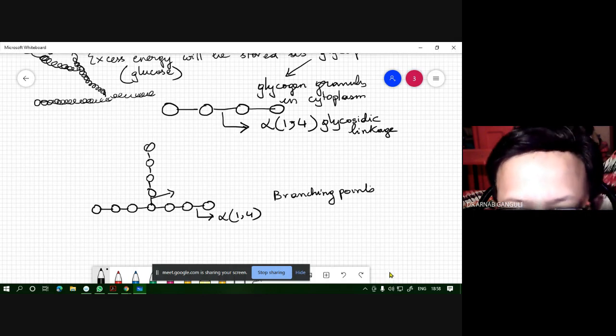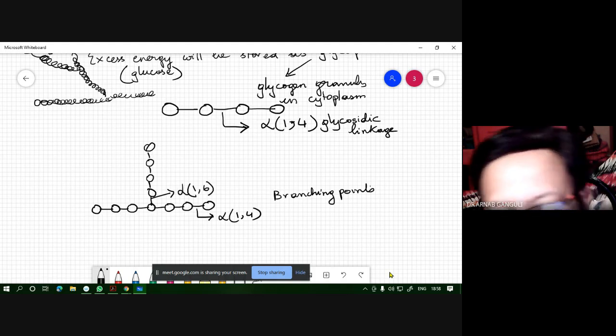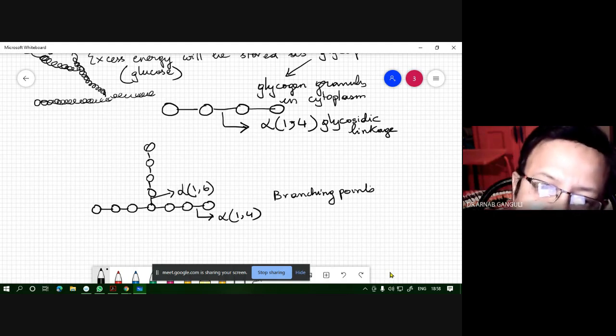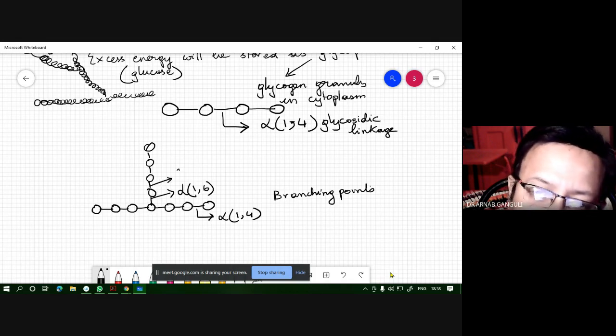This branch point is alpha 1 to 6 glycosidic linkage. But then these again are alpha 1 to 4.